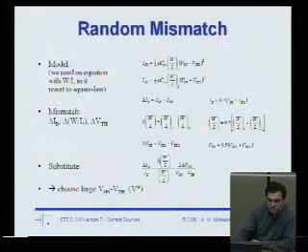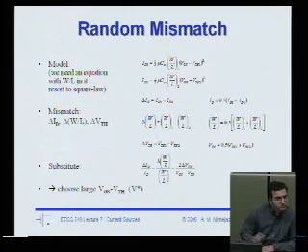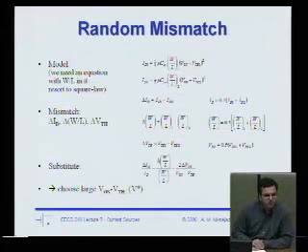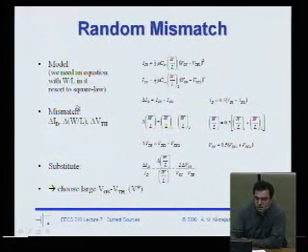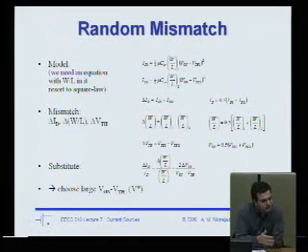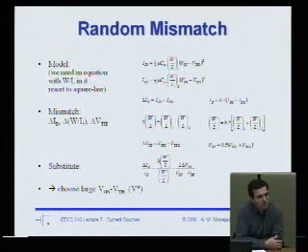Okay? Now, how many people have done these kinds of mismatch calculations before? Okay, a couple people have seen this before. If you haven't seen it before, at first it looks a little intimidating, but it's actually quite simple. Let's say I have 2 transistors in a current mirror, and their VGSs are equal, and I want to know how much their currents differ if I change their W over Ls and if I change their VTs.